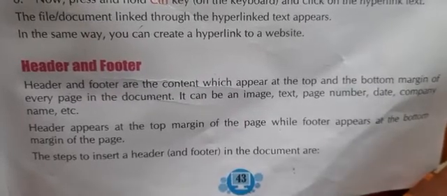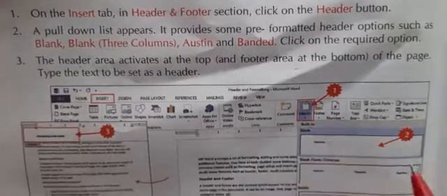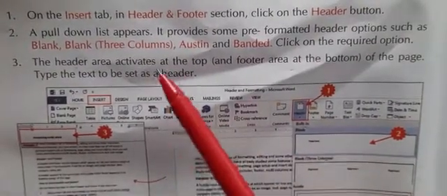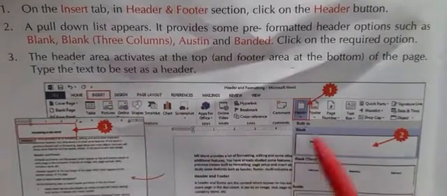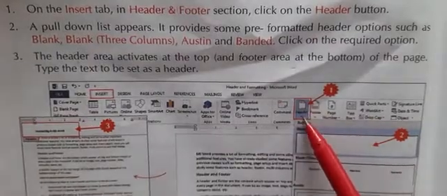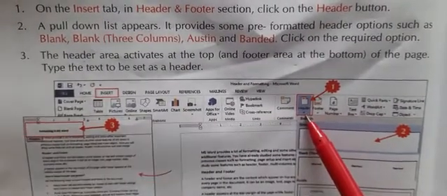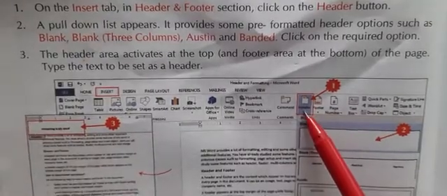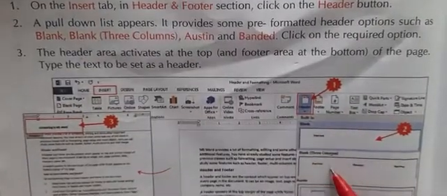Now we will learn how we can insert the header. If we want to insert the header, first we will go to the Insert tab, then go to the Header and Footer section. We will click on the Header drop-down arrow. As soon as we click on the drop-down arrow, a pull-down list will appear.